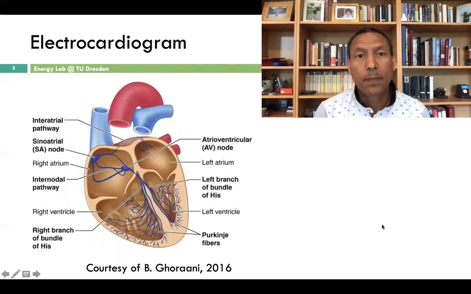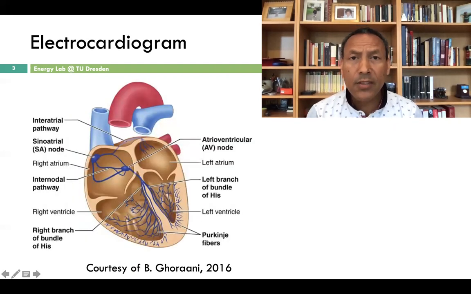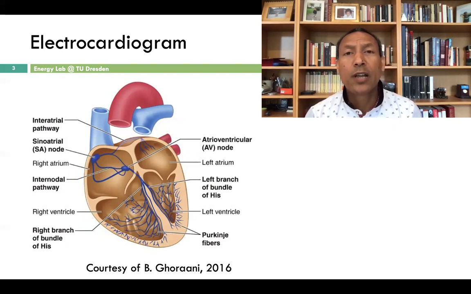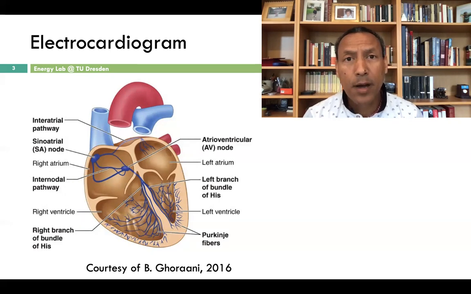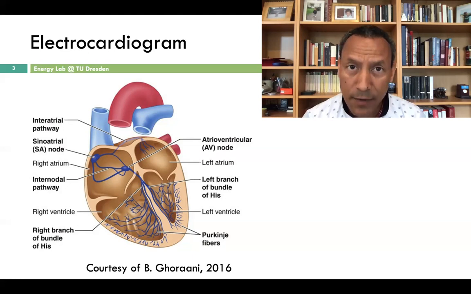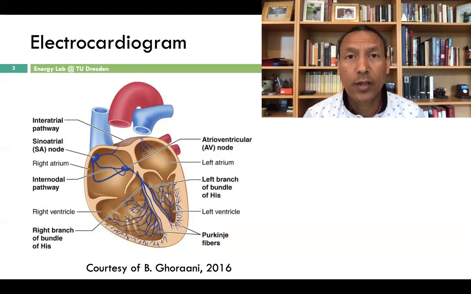The heart, as you might know, consists of 4 parts. The upper chambers are the left atrium and the right atrium. Jointly, they are called atria. And the lower part consists of 2 chambers, the left ventricle and the right ventricle.